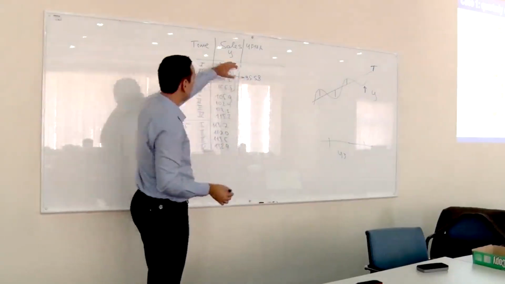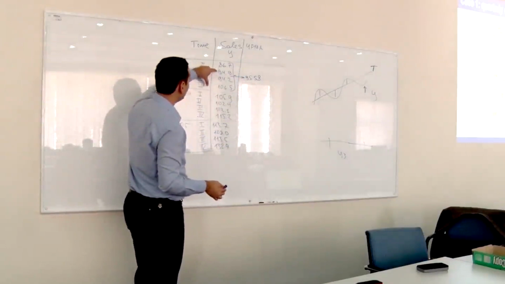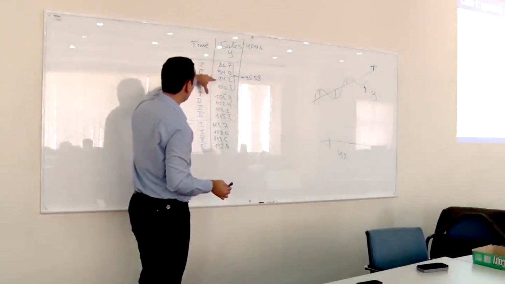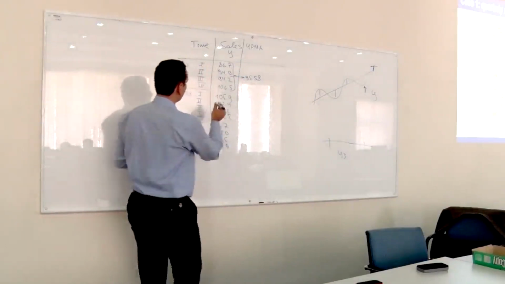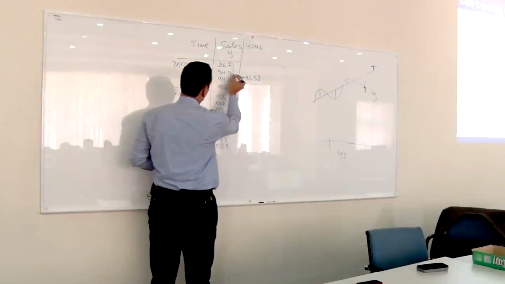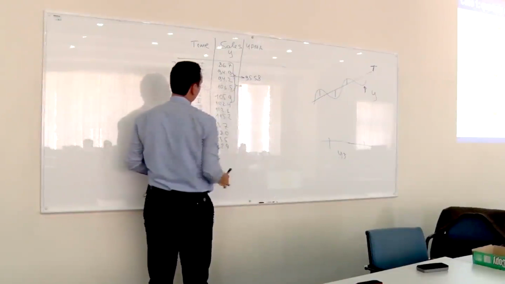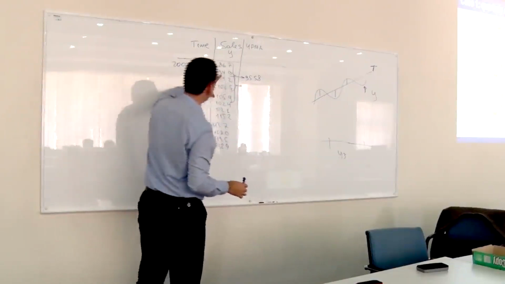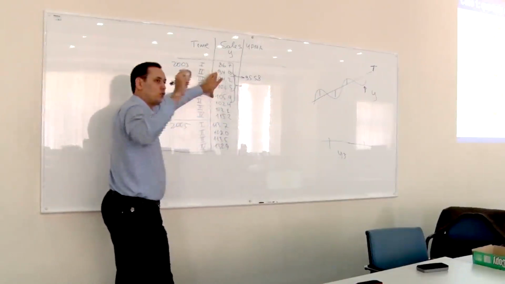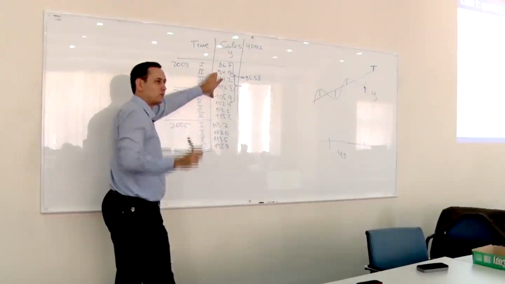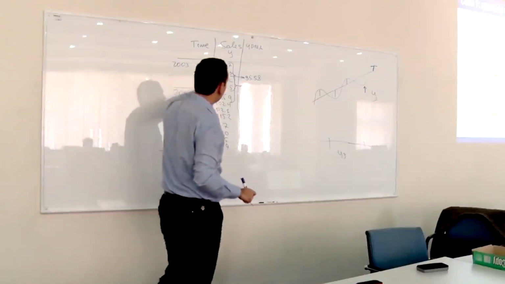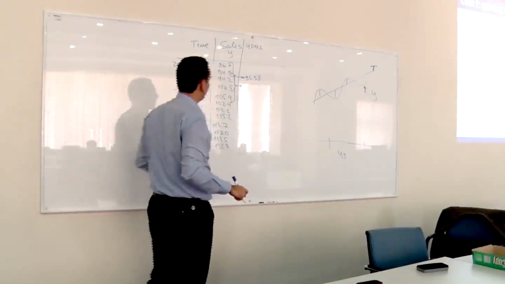Now the next 4-point moving average starts from the second number. 1, 2, 3, 4. Now you take these 4 numbers, and you write the average in between these, right here. So what is the average of these next 4 numbers? You move 1 step down and calculate the 4-point moving average.